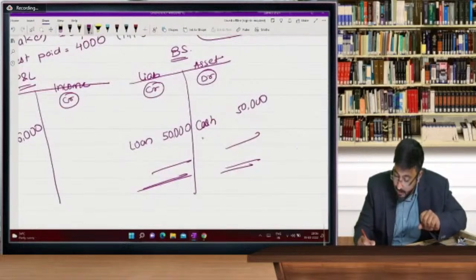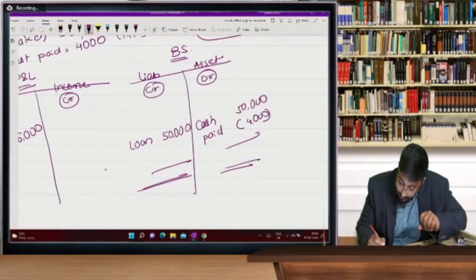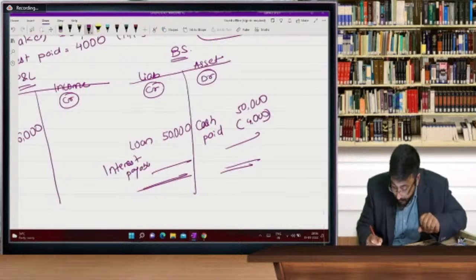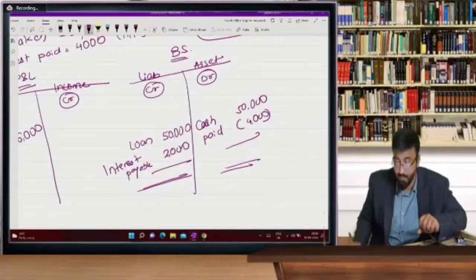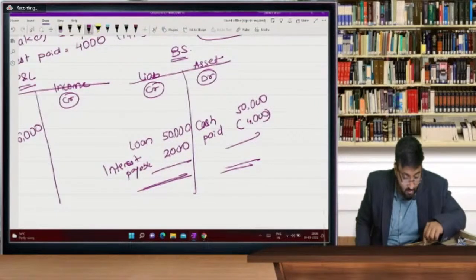But out of this, paid is only 4,000, and still payable, it's my liability, is 2,000. So expenditure 6,000. Many students have not considered this 6,000.